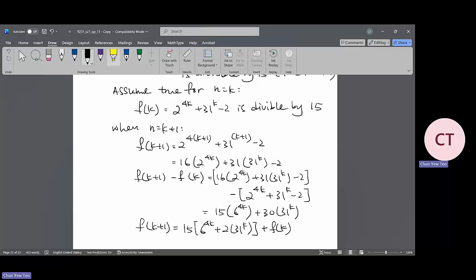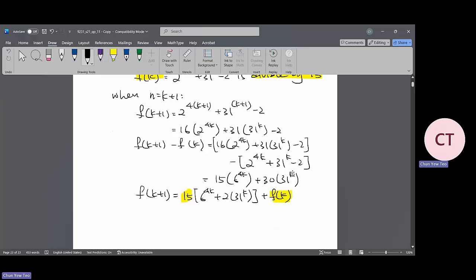Since we already know that Fk is divisible by 15, this is divisible by 15, this is a multiple of 15.